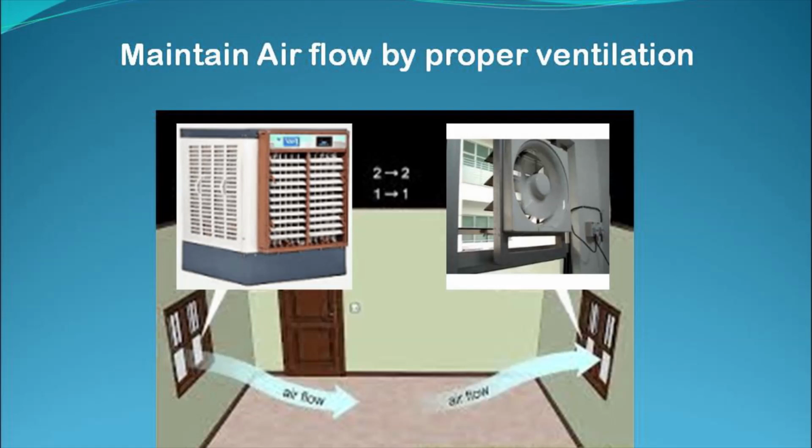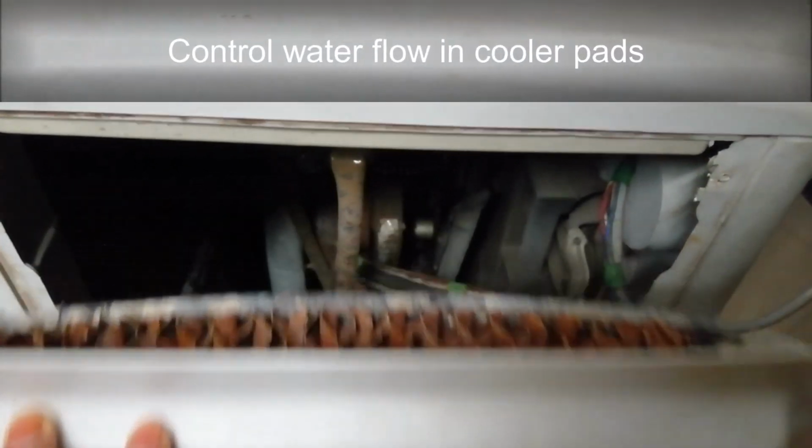If you are using a cooler inside a closed room and there is no ventilation in that room, then it will increase the humidity of the room. So you need to take care of the flow of air, that there should be some entry and exit point. I'll tell you how to decrease the flow of water.